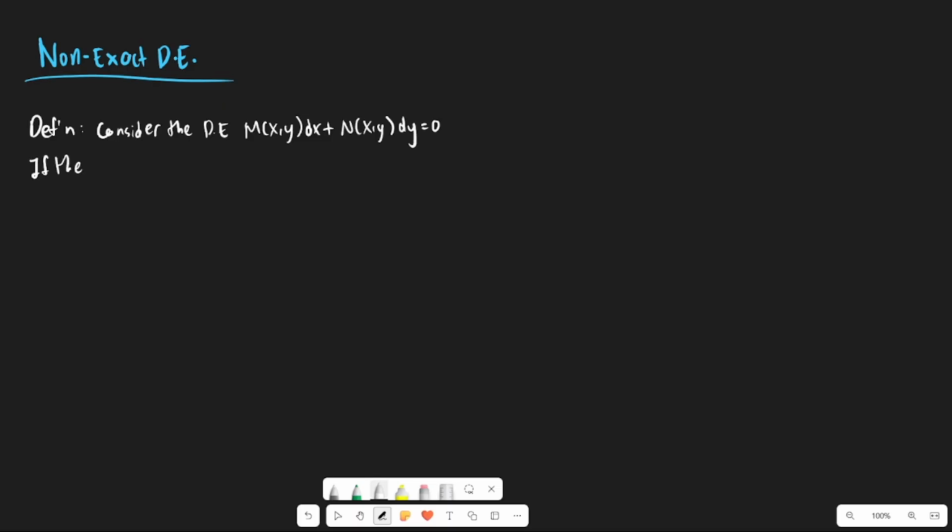If the given differential equation is non-exact, then the partial derivative of M with respect to y is not equal to the partial of N with respect to x.